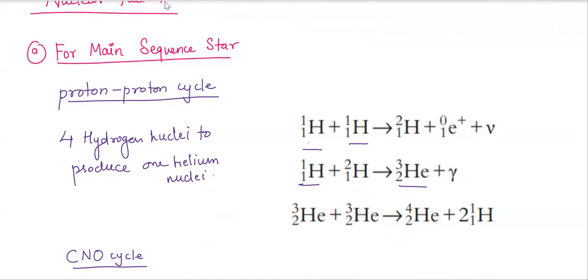Overall, four hydrogens are needed to produce one helium nucleus, and this is the common process that releases a lot of radiation and energy outward.